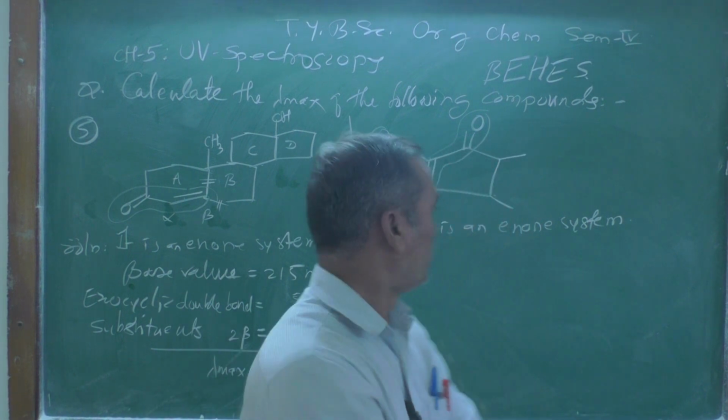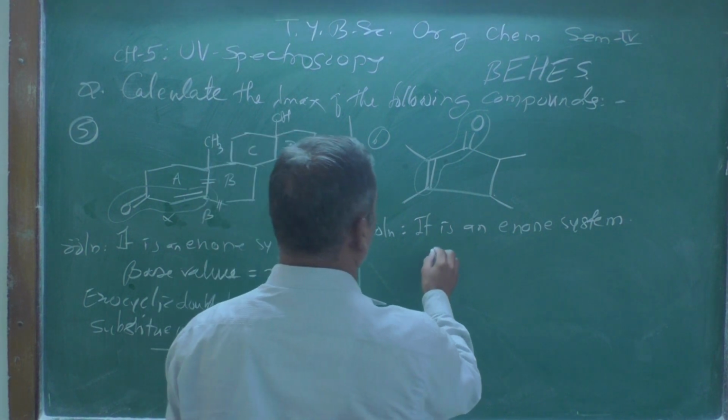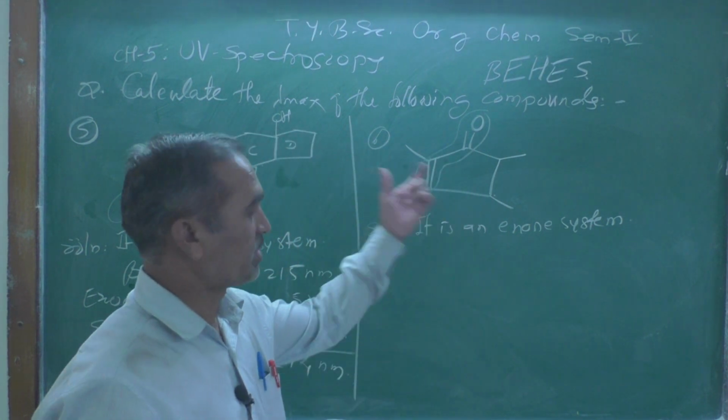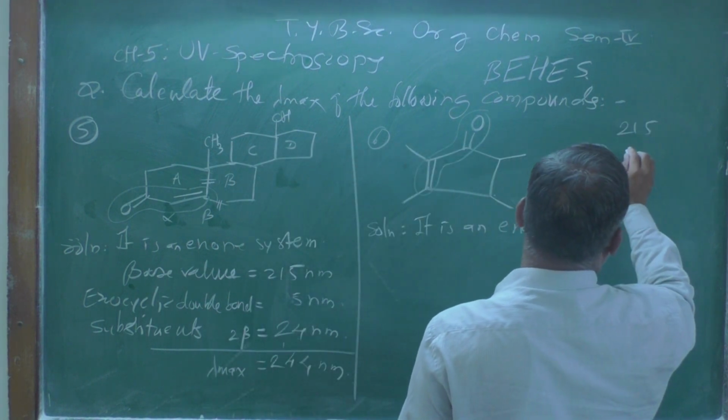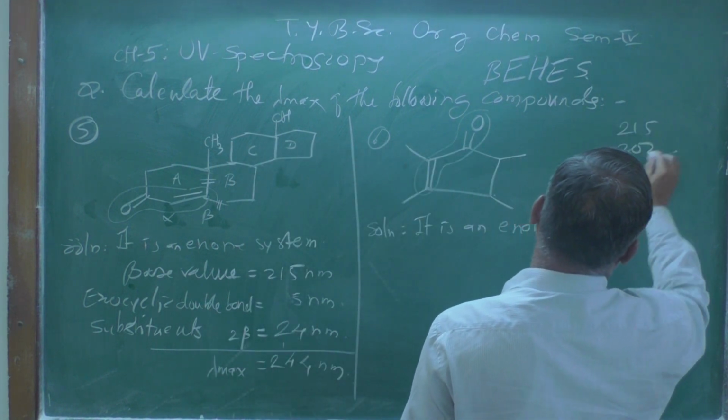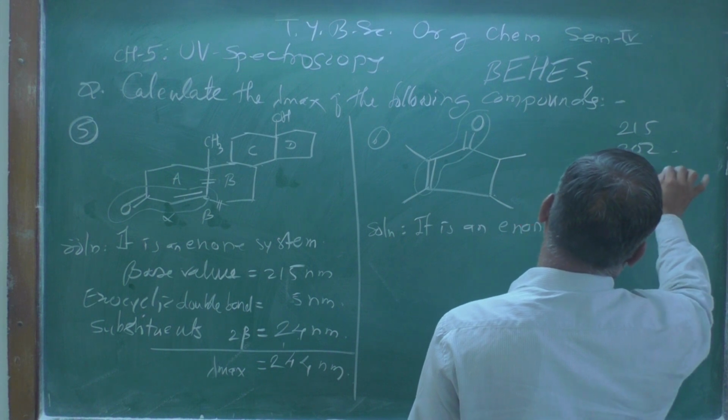There are three base values: 215, another one 202 and another one 207.